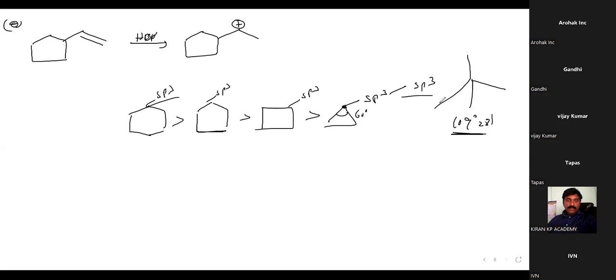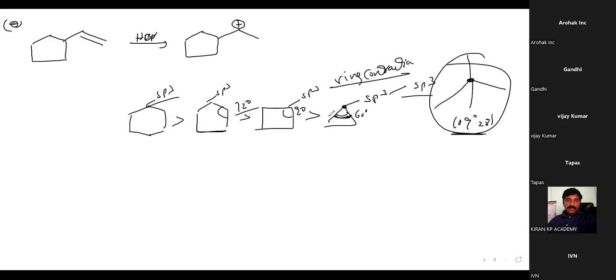But in cyclopropane, the angle is 60 degrees. In this case, the angle is 90 degrees. In this case, the angle is 72 degrees. Means there will be ring contraction, so the ring immediately wants to break because of high strain in the ring.